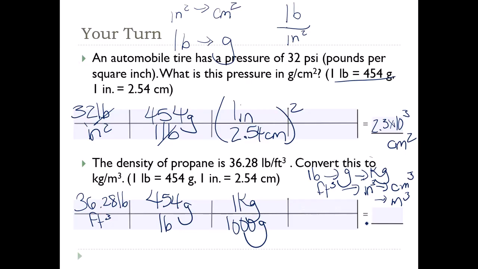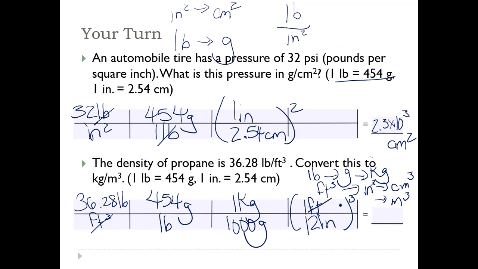So see, these get pretty lengthy really quickly. And then I'm going to go from feet cubed to inches cubed. So 1 foot is equal to 12 inches, cubed. So now feet cubed cancel out. I'm currently in kilograms per inches cubed.